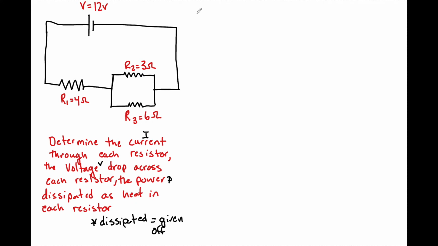So to do so, I'm going to say that 1 over REQ is equal to 1 over R2 plus 1 over R3. So that's going to equal 1 over 3 plus 1 over 6. So that's going to be 2 over 6 plus 1 over 6, which is 3 over 6.